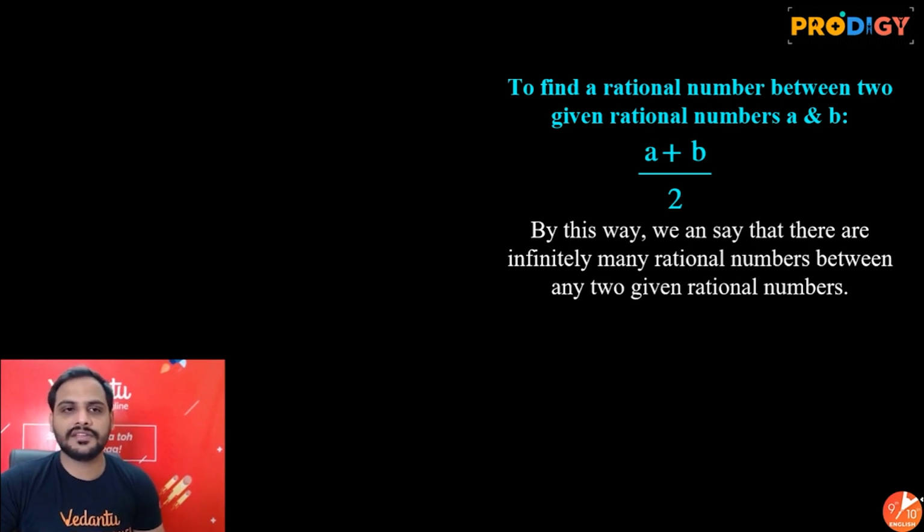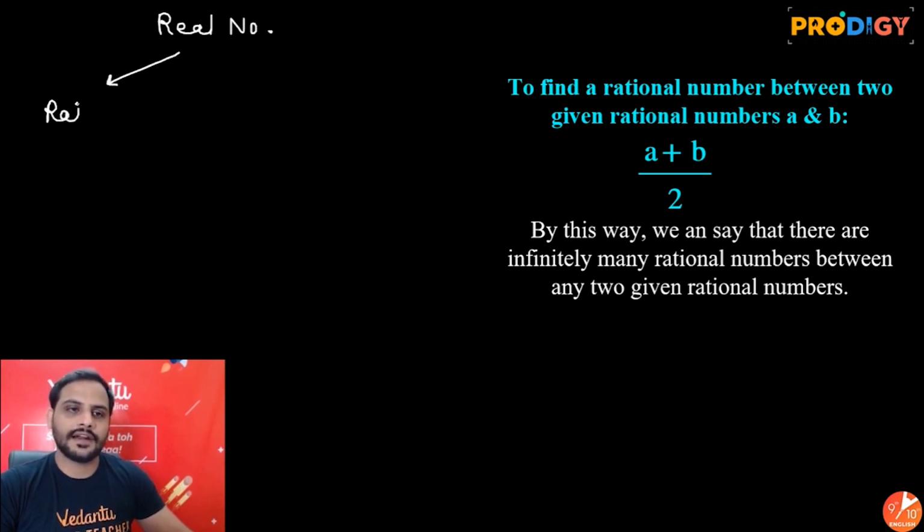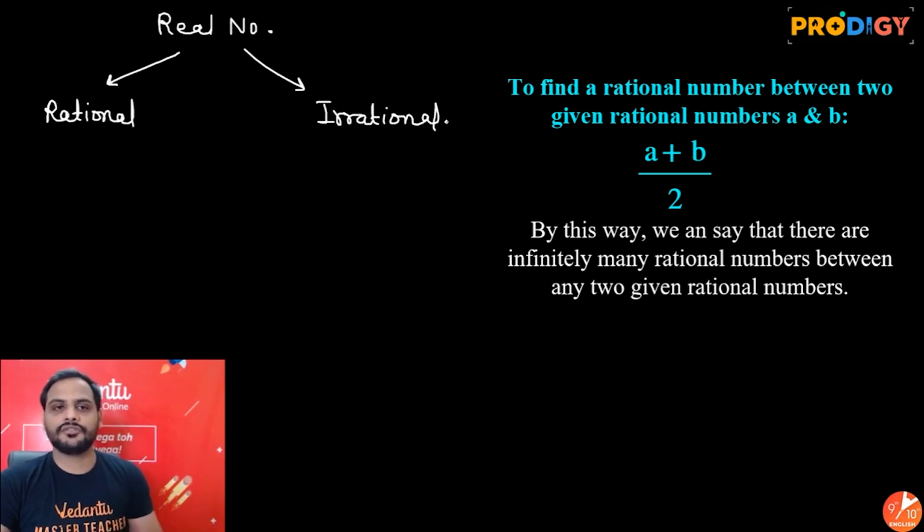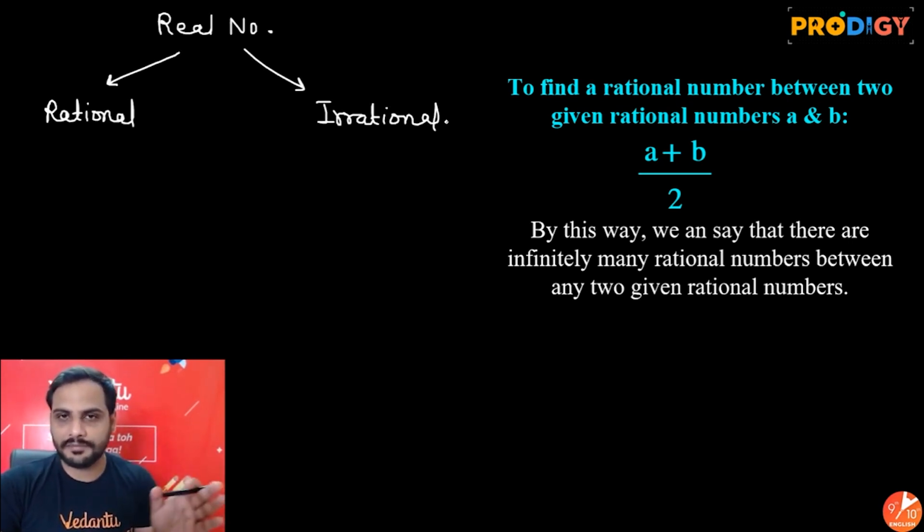So on the basis of decimal expansion, if I talk about real numbers, we have rational numbers and irrational numbers. Fractional form, all of you know, a rational number we can represent in P by Q form. An irrational number we cannot represent in P by Q form.